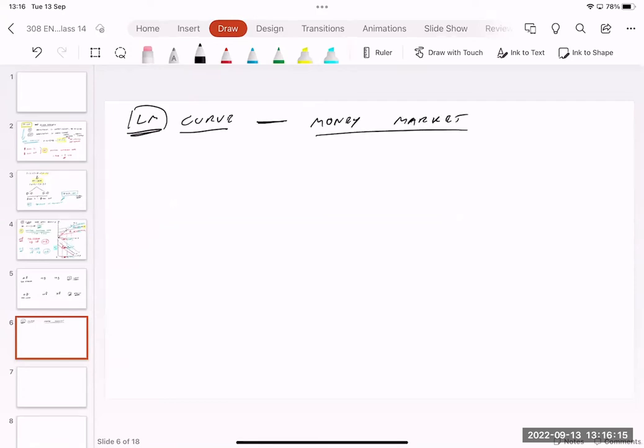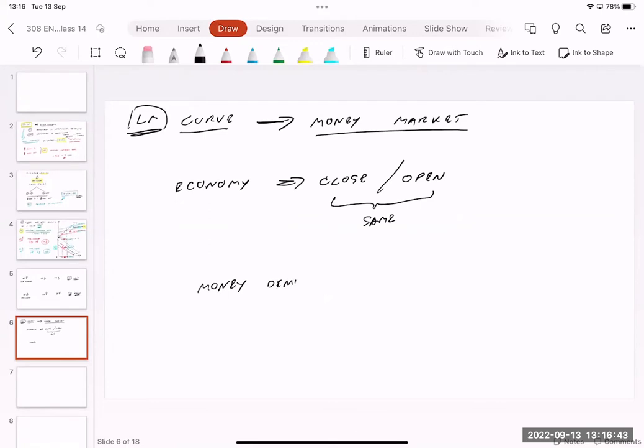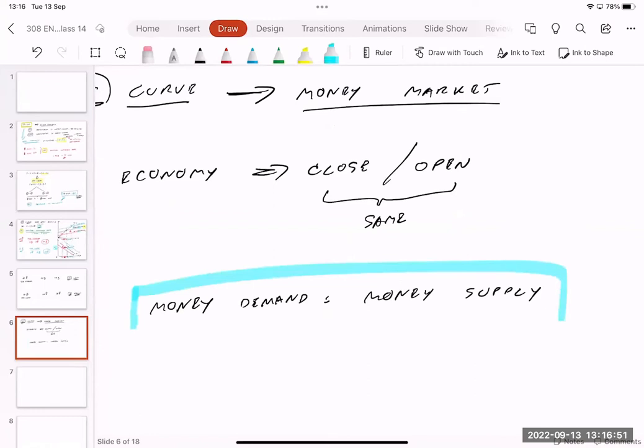Whether the whole economy is closed or open, the LM curve is always the same.